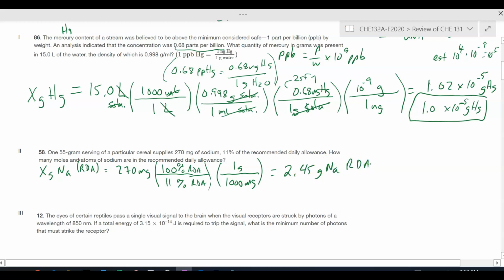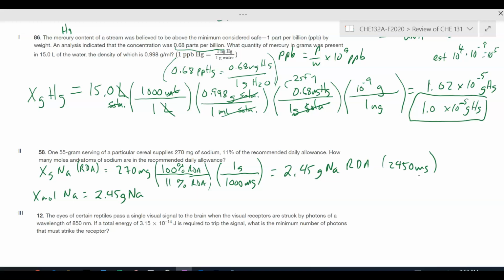Now, we want to know how many moles. Well, how many moles of sodium are in that 2.45 grams of sodium, that'd be 2,450 milligrams, if you check a table of recommended daily allowances.